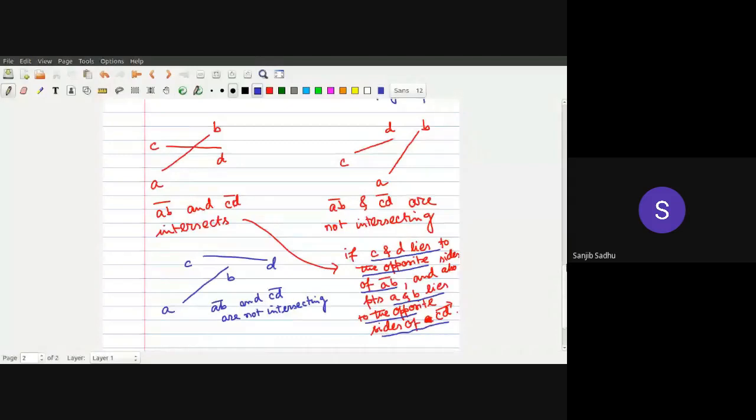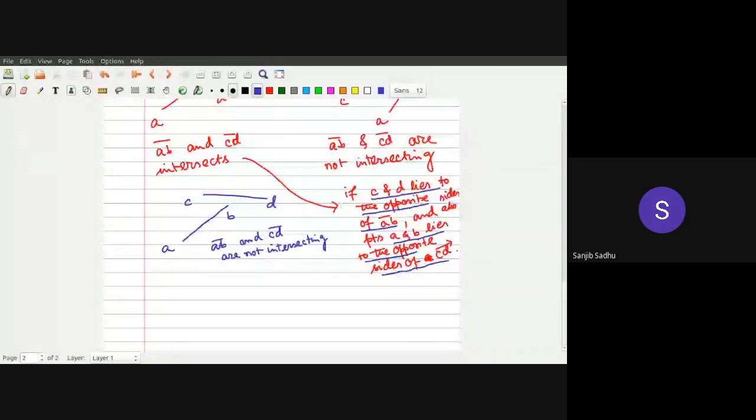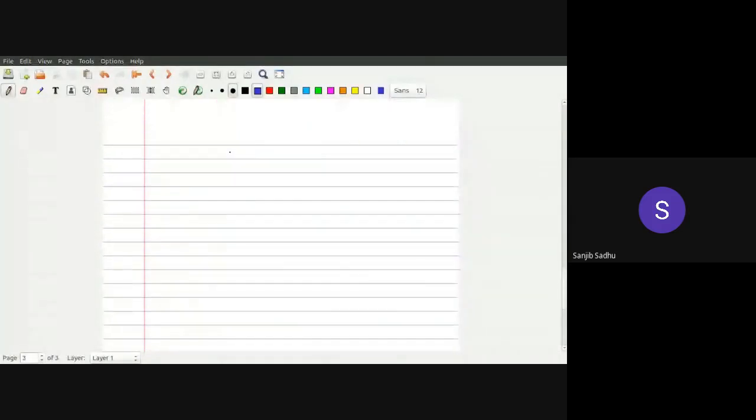Now, suppose you have been given a set of points like this. Now you have asked your brother or sister to please draw the convex hull.